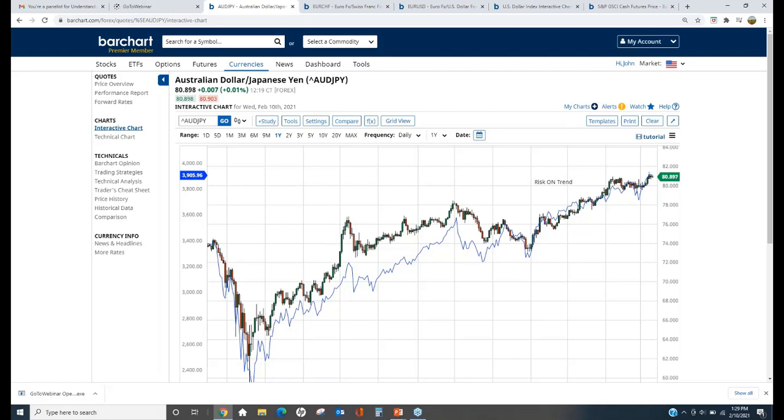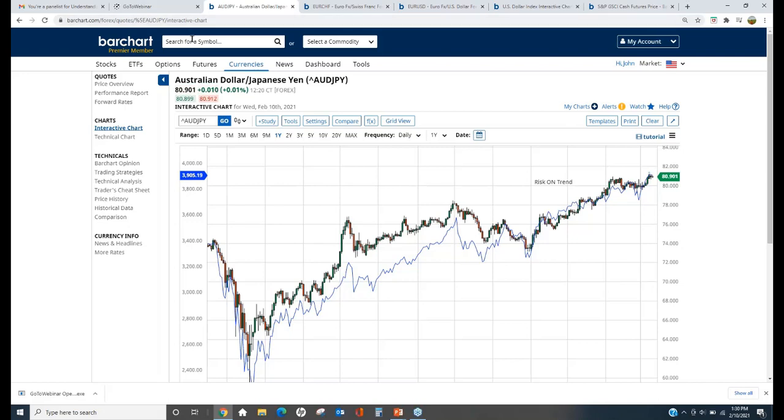So we have some currencies that are risk-off currencies, sometimes referred to as safe haven currencies. And those three are the dollar, the Japanese yen, and the Swiss franc. So what we're seeing here is risk on Australian dollar, risk off Japanese yen.